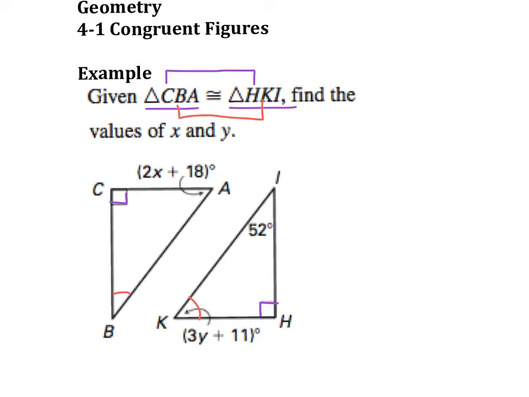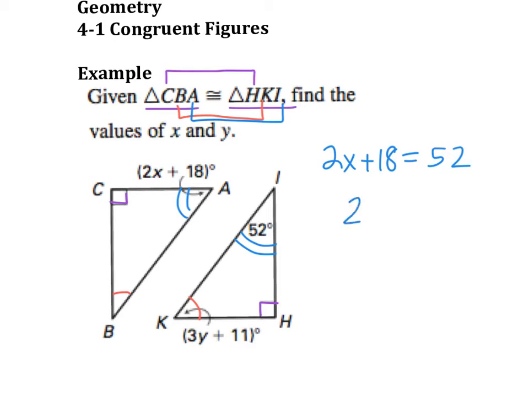And lastly, I know that my A corresponds to the I, so that this one here matches with this one here. So if I were to set things equal to each other, notice here, these two are congruent. So I can say 2x plus 18 is equal to 52.